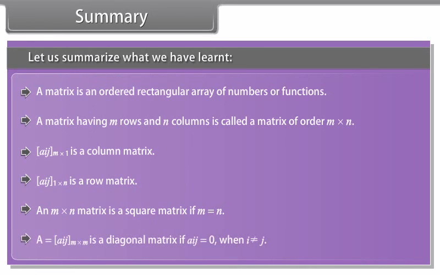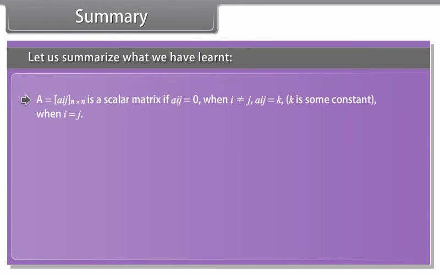A is equal to a_ij m by m is a diagonal matrix if a_ij is equal to 0 when i is not equal to j. A is equal to a_ij n by n is a scalar matrix if a_ij is equal to 0 when i is not equal to j, a_ij is equal to k where k is some constant when i is equal to j.